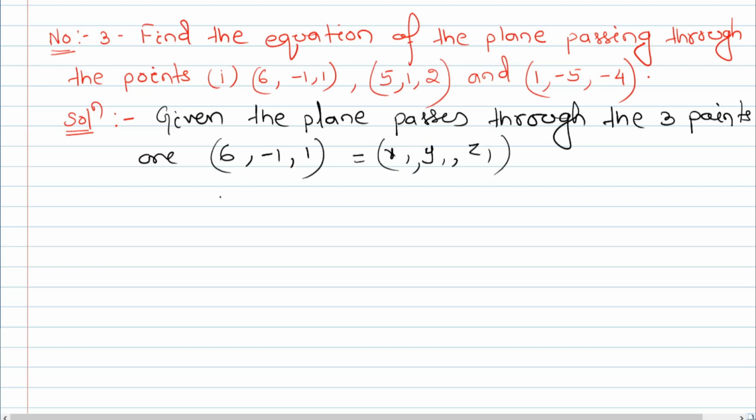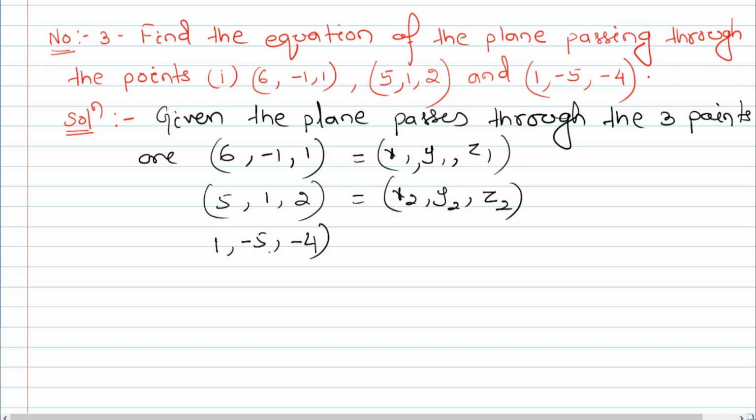Okay, and second one is 5, 1, 2, that one you can write x2, y2, z2, and third one is 1, minus 5, minus 4, that one you can write, that is x3, y3, z3.